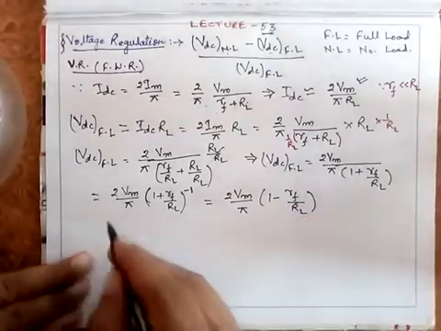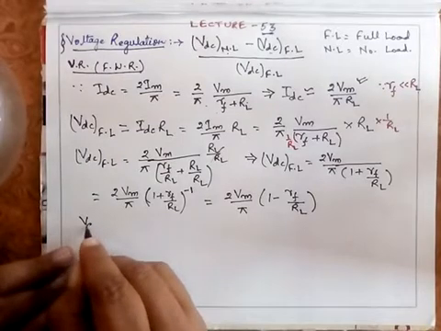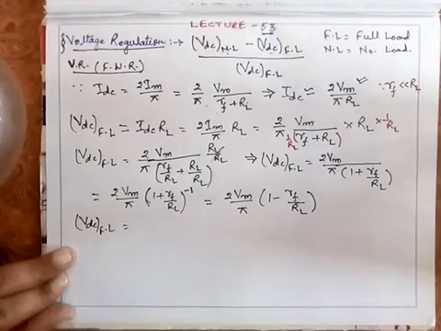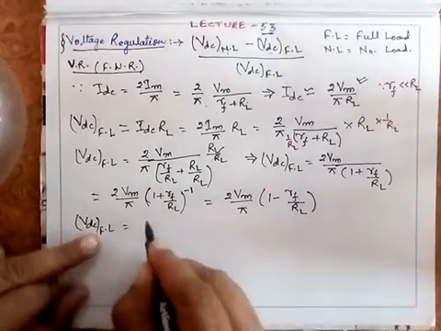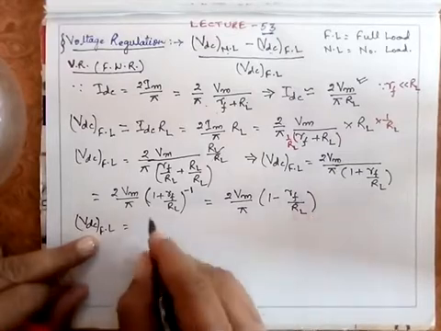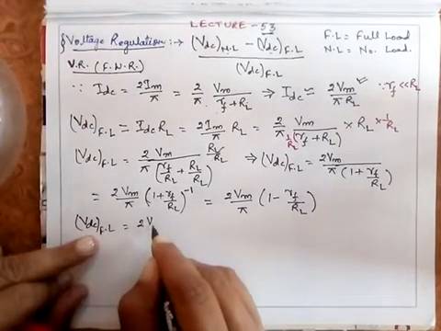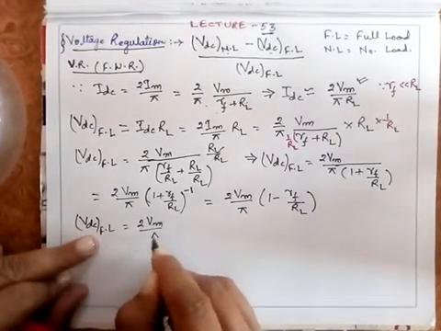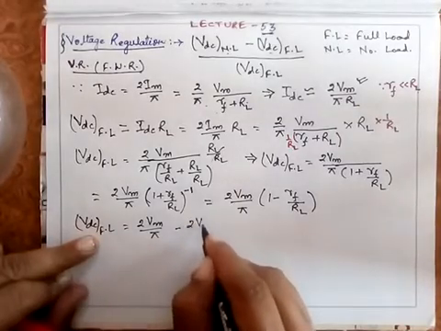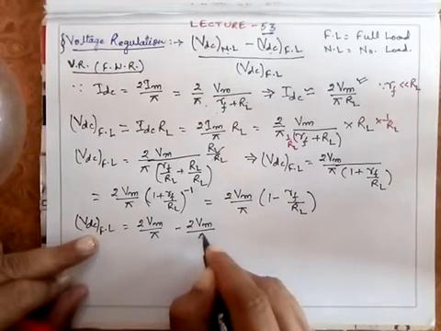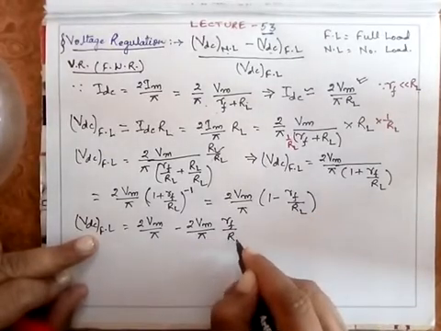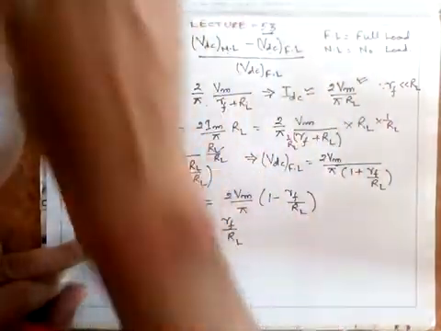So finally I can say that this VDC under the full load condition, I expand this, multiply this from twice Vm by pi inside the bracket. It will be twice Vm by pi minus 2 Vm by pi into Rf upon RL. I hope that this is clear to you.